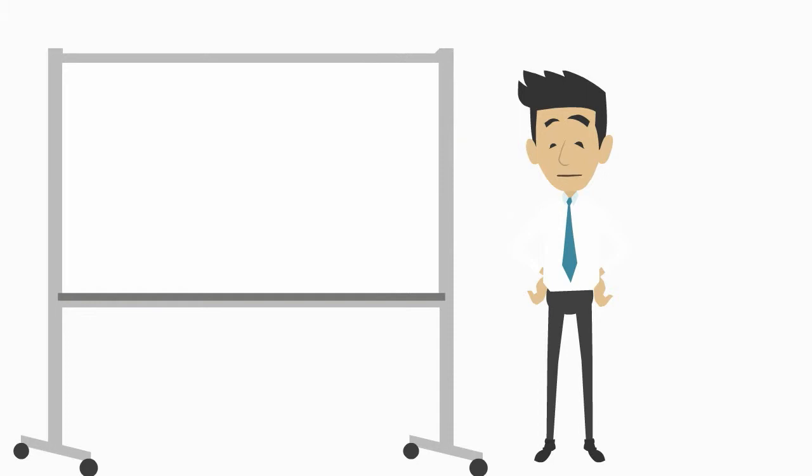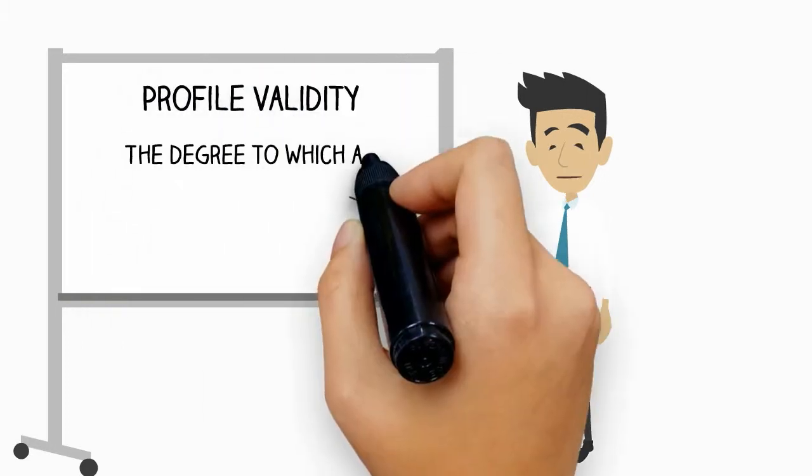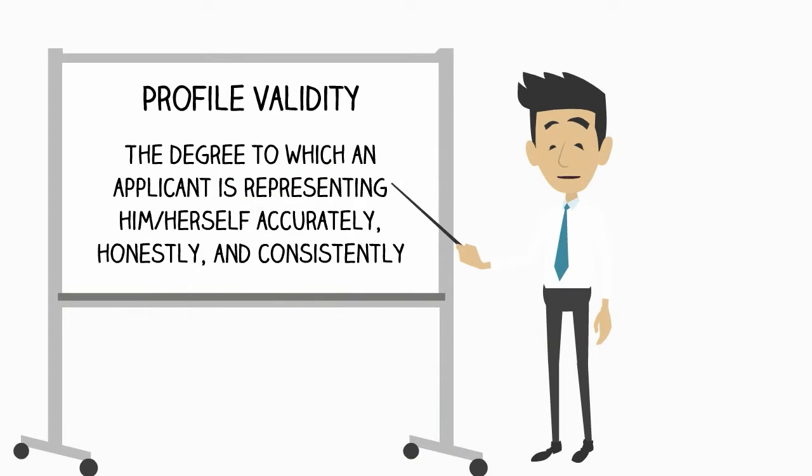First things first, let's define profile validity. Profile validity is the degree to which the applicant is representing him or herself accurately, honestly, and consistently as they respond to the items in the Work Styles questionnaire.